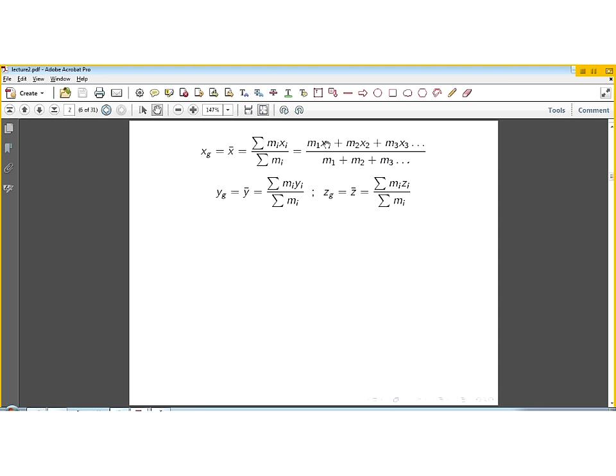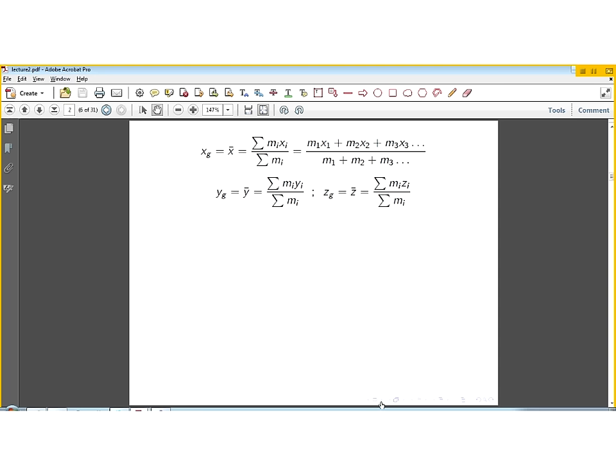Then it means that all these coordinates may change in time, and of course that means that my center of mass coordinate in the x, the y and the z direction may change in time, just due to the deflection or the deformation of the body, but it may also change in time due to the possibility that the body may be moving through space. So x_g, y_g, and z_g may be functions of time due to either the deformation of the body or the motion of the body through space, or both.